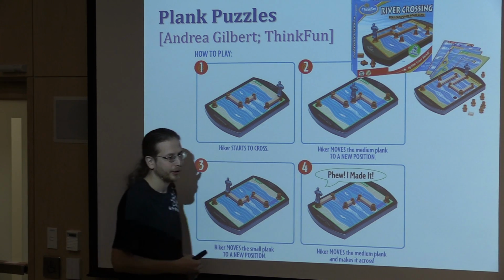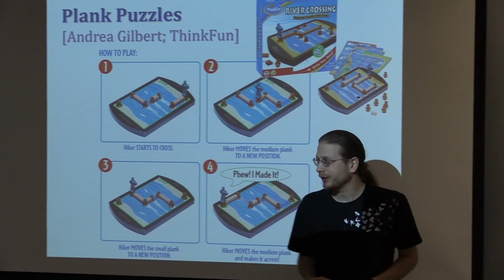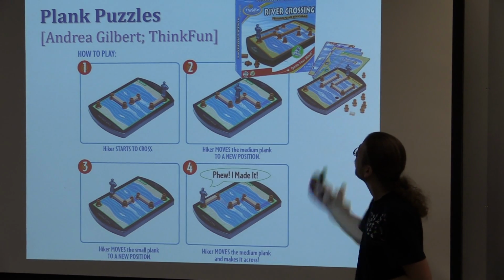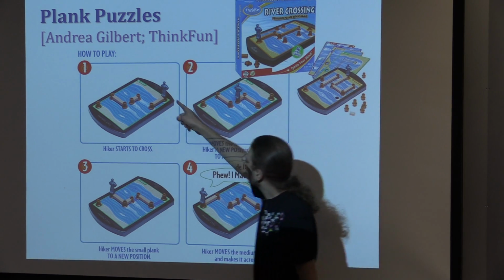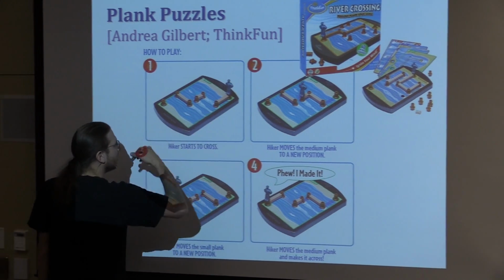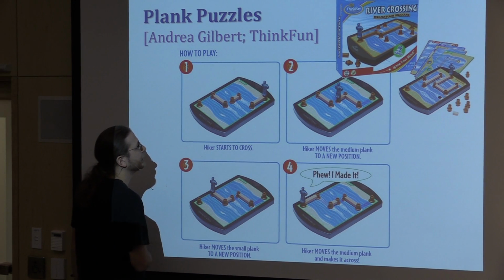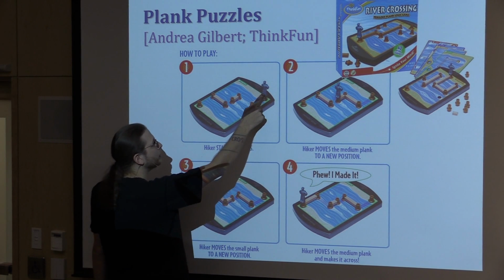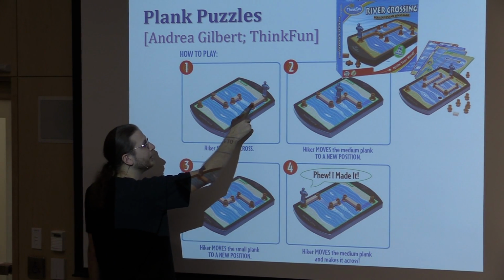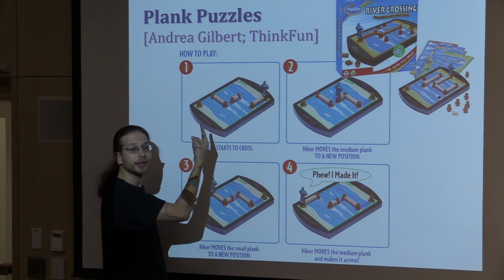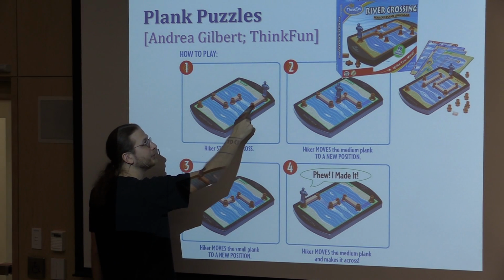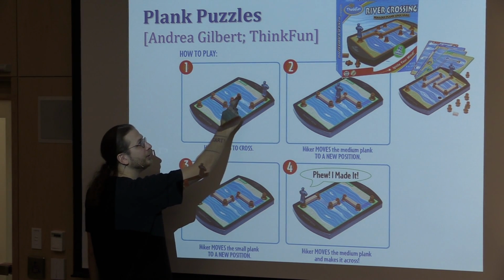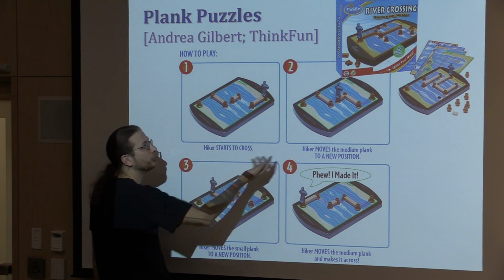Okay, getting near the end. Plank puzzles, these are a fun puzzle under the name River Crossing, although they predate that a little bit. So here you have, again, an agent moving around. So we're going to have to do some work to get rid of that. And you can, for example, walk along a plank. Then you can pick that plank up. You can only carry one plank at a time. And then you can place it, as long as this is a length 2 plank, as long as there's another dot that's exactly length 2 away, you can drop it down.